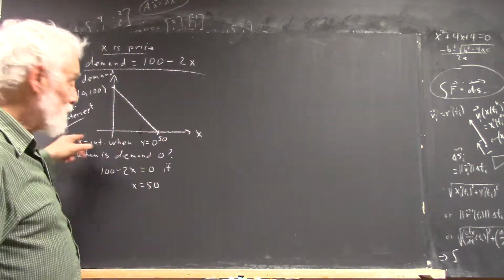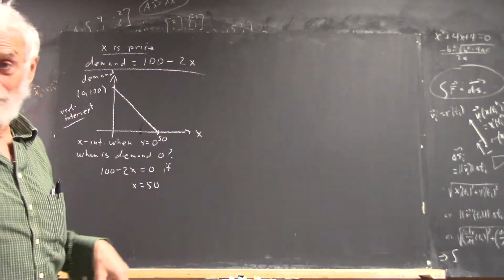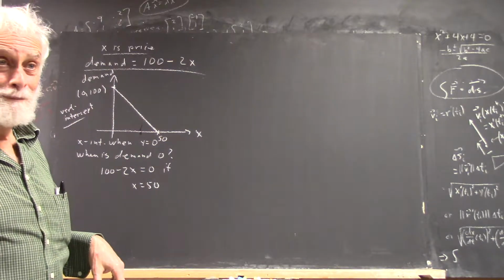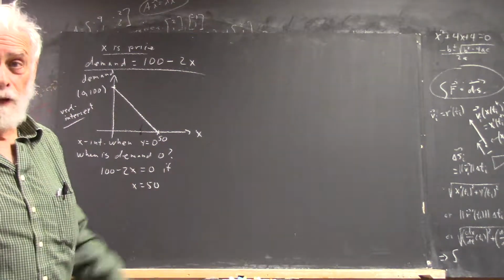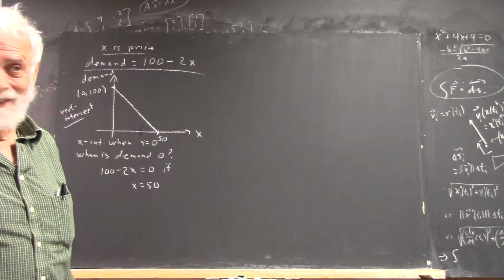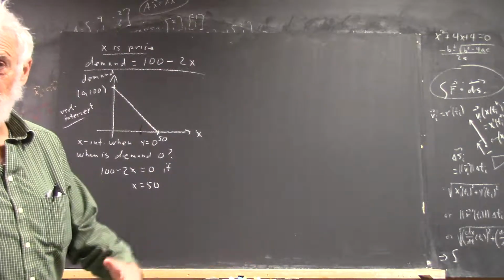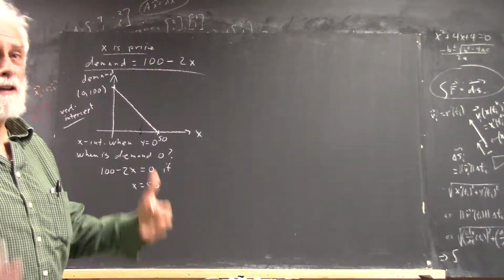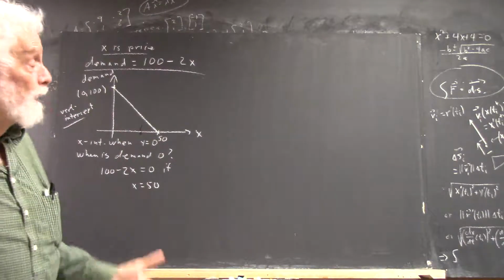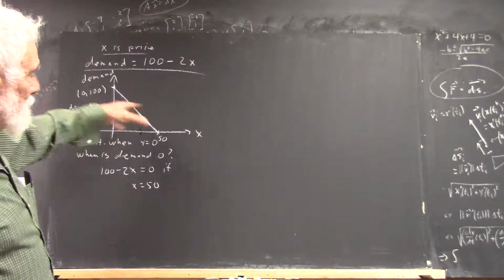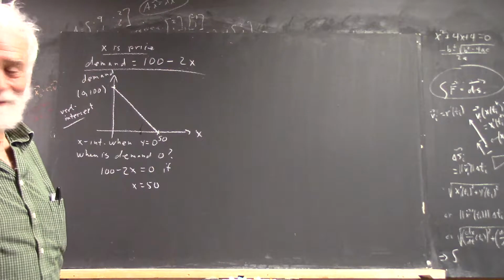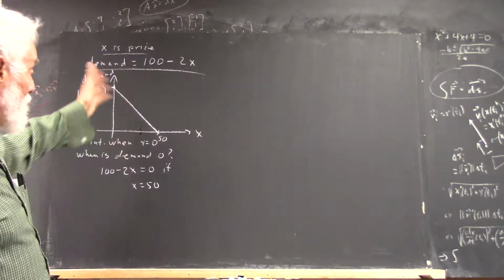It doesn't make any sense to charge a negative amount. Okay? I'll charge you negative $50 for this, meaning I'll give you $50 to take it. And I probably have things I'd give you $50 to take away, but that's not how we do business. Okay? It doesn't work for this model.